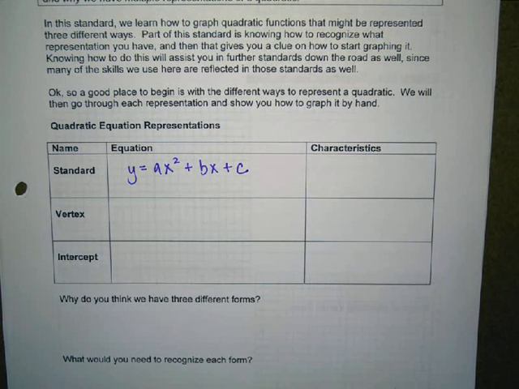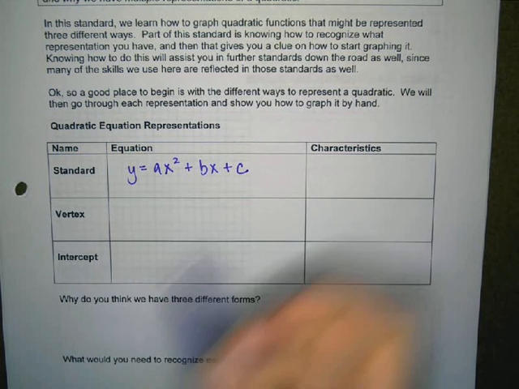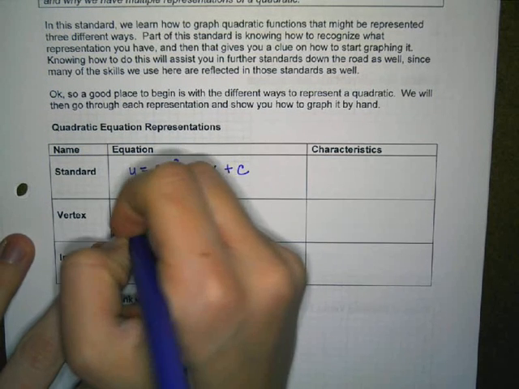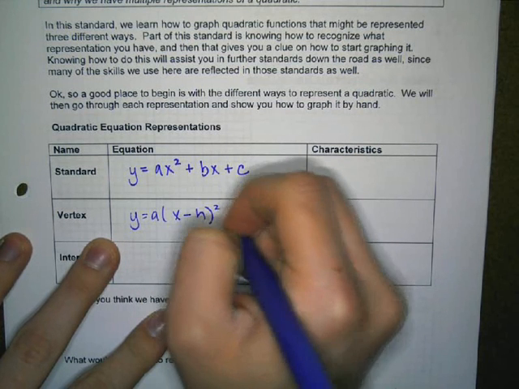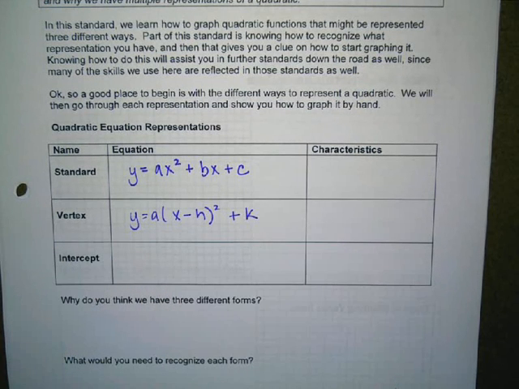The vertex form. No, well, that's how to find the vertex. That's good. But the vertex form is the one that looks really similar to our absolute value one that we graphed before.